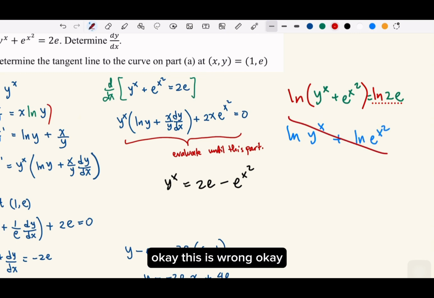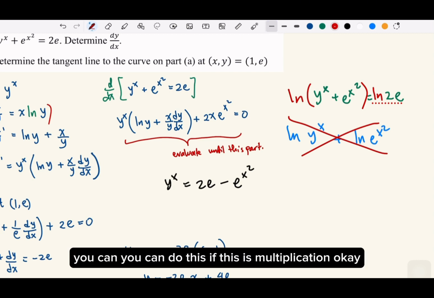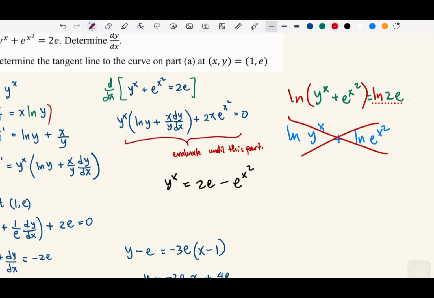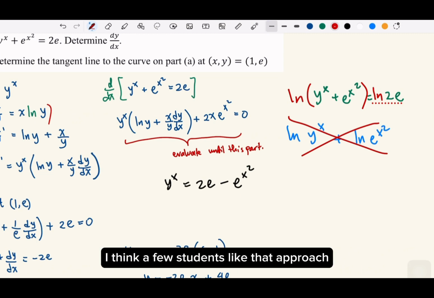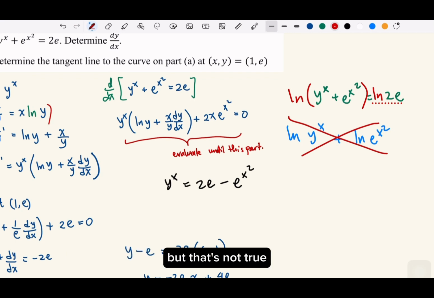Okay, this is wrong. You can do this only if this is multiplication. Somehow, I think a few students took that approach, and miraculously you get the same correct answer. So I still give some points from there, but that's not true. It's not valid.